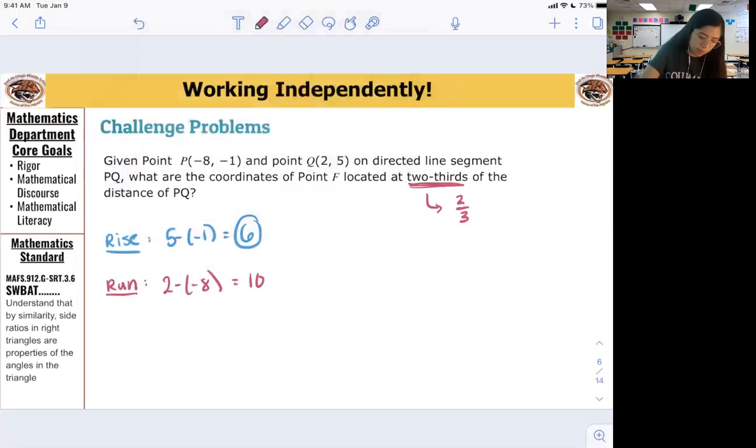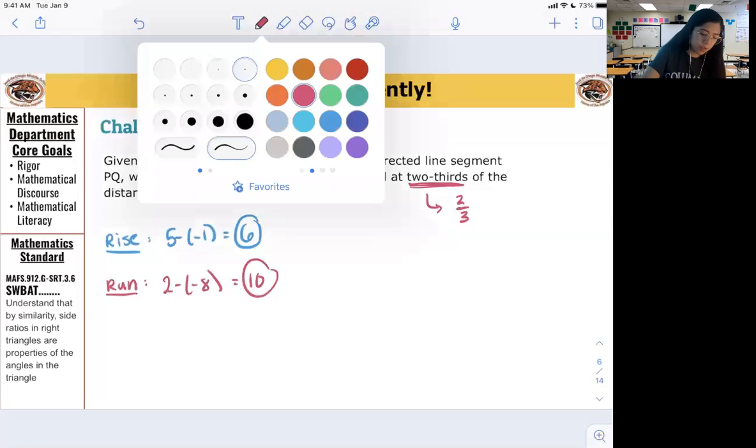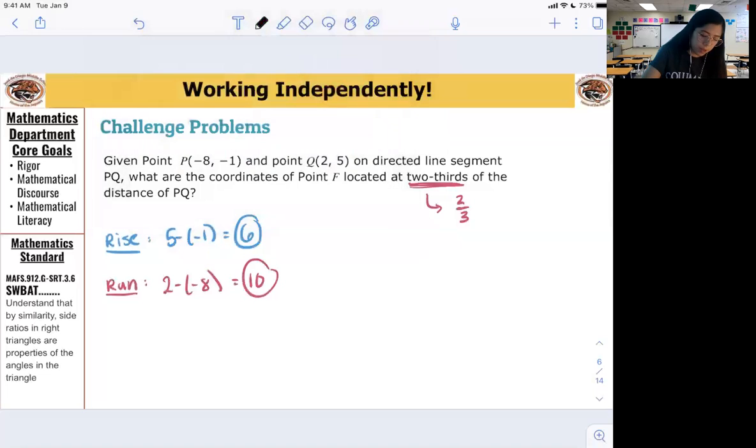So that's 10. What do I do to my 6 and my 10? Nope, not yet. Not going to add it quite yet. Oh yeah, I want to multiply it times 2/3 first. So 2/3 times 6 and 2/3 times 10.